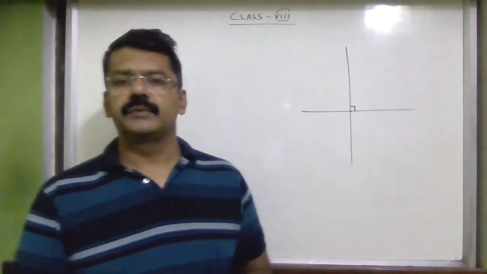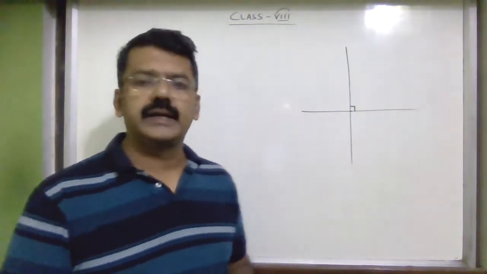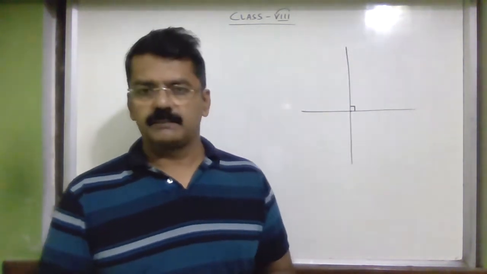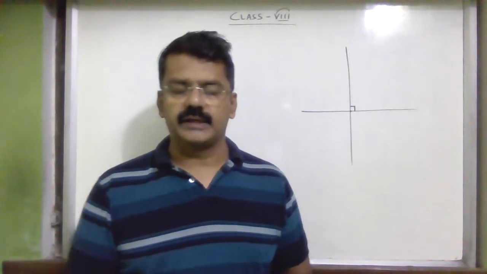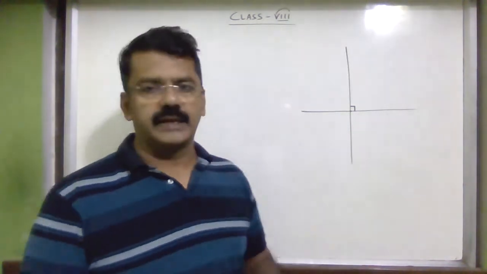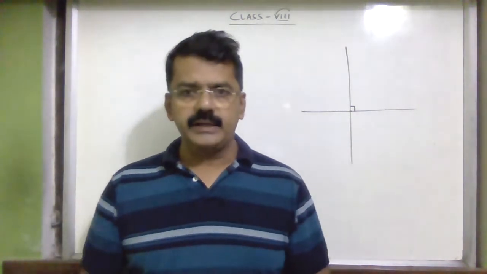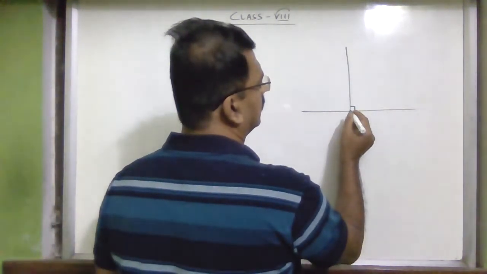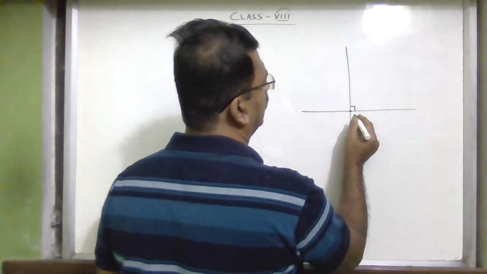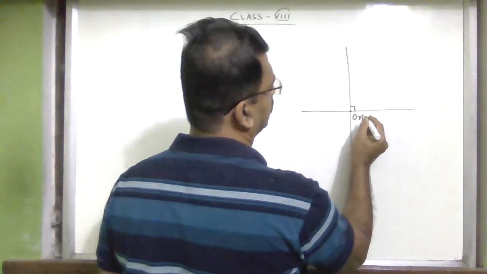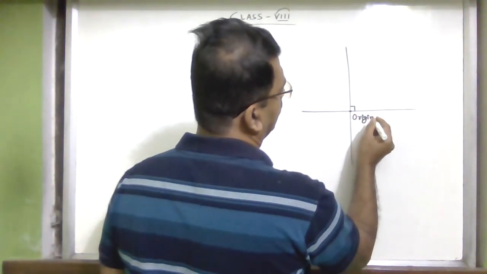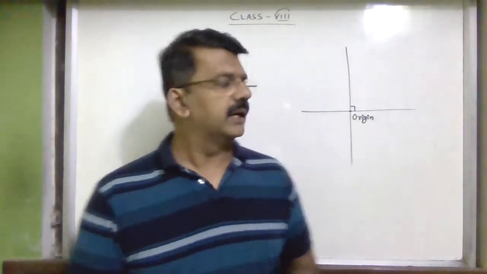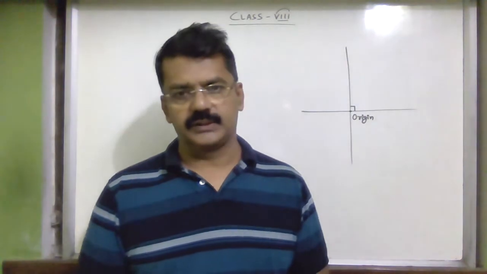I repeat, there are two straight lines, two fixed lines, one horizontal and one vertical, and the angle between them is 90 degrees. The point at which they meet is called the origin.